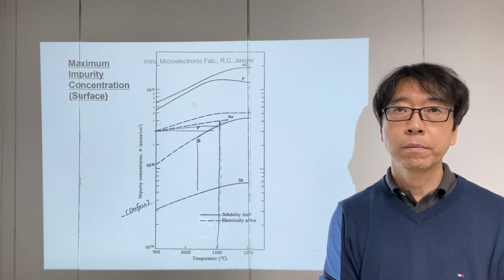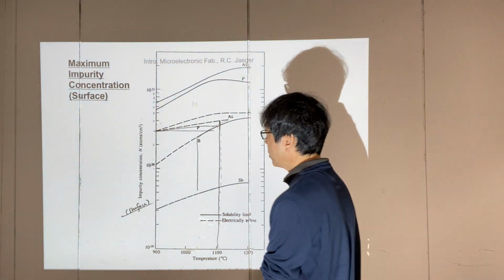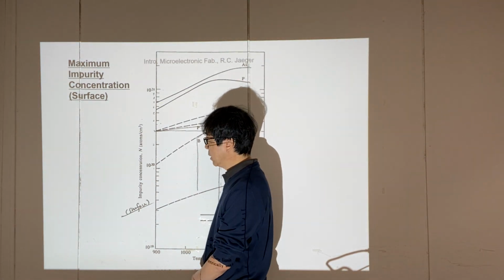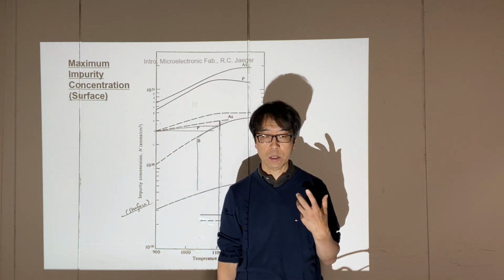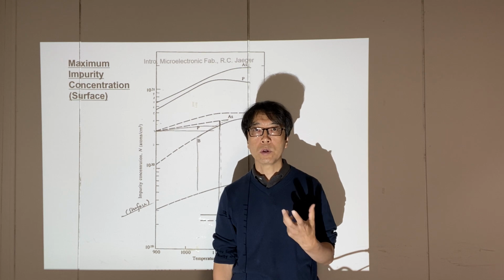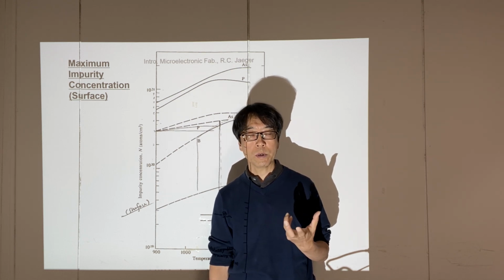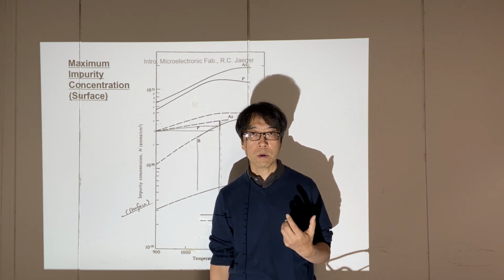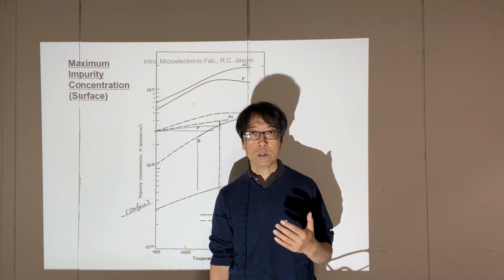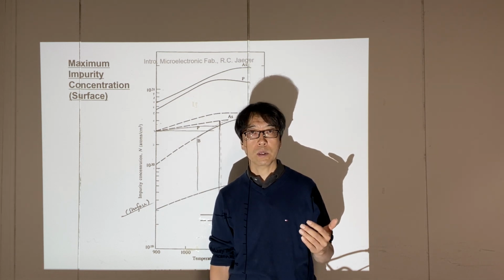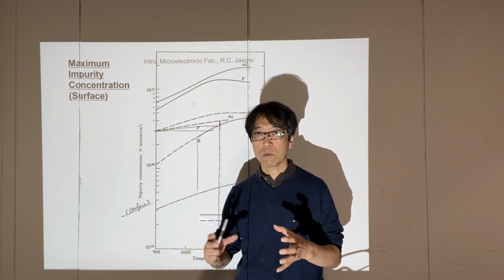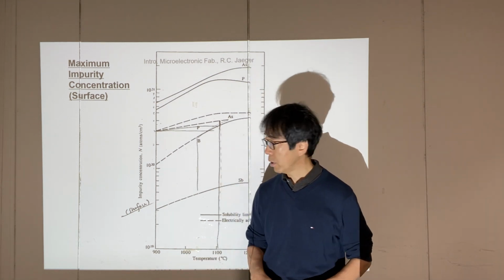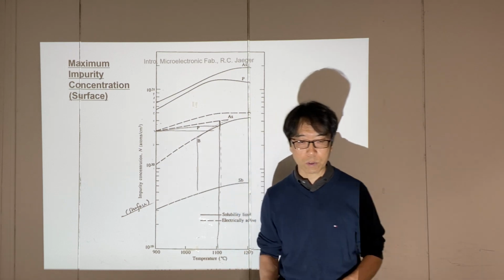The maximum impurity concentration is limited by the precipitation of these impurities. In other words, if you provide more dopant than this maximum concentration, then the surplus amount will just precipitate. You cannot put this amount into the crystal anymore, and this is a really useful curve.